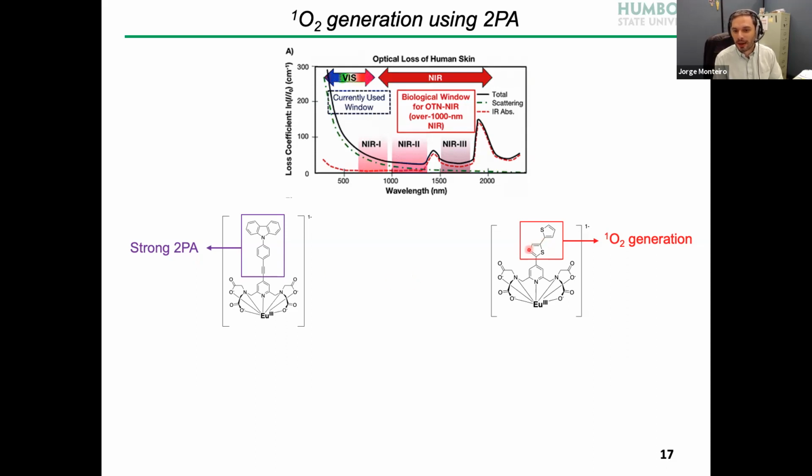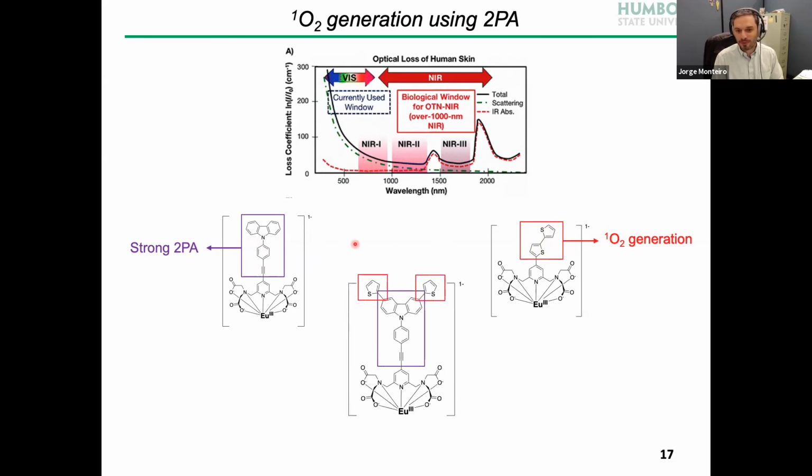And thiophenes can easily generate singlet oxygen in high yields, but they don't have strong two-photon absorption. So you have two pieces of the puzzle. The simple solution here is to combine both.